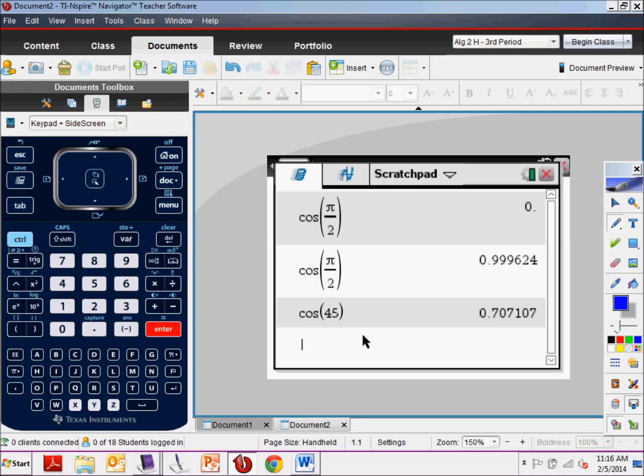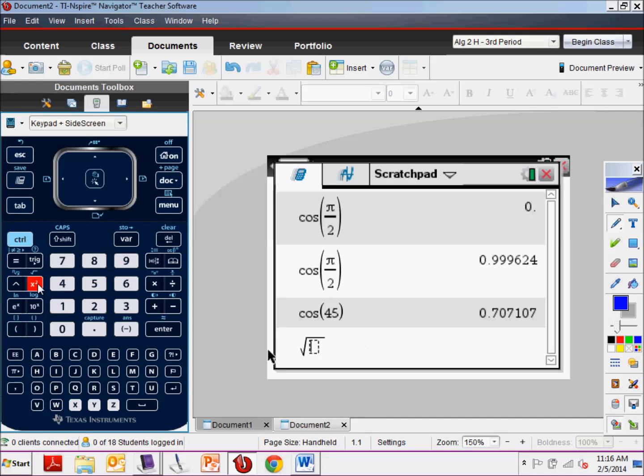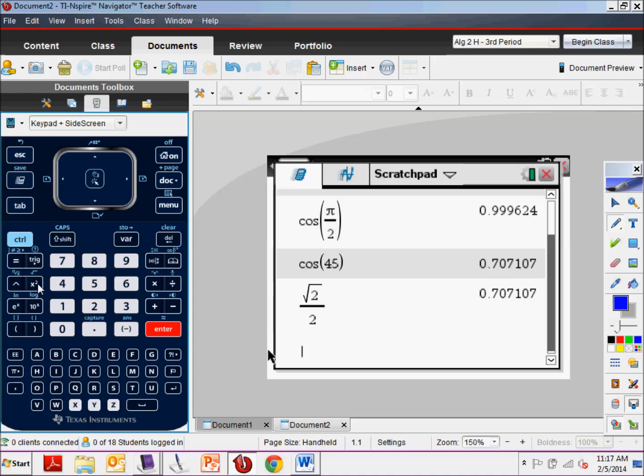Okay. It's supposed to be that because the cosine of 45 is the square root of 2 divided by 2, and I know this because I know my unit circle. The cosine of 45 degrees is the square root of 2 divided by 2.